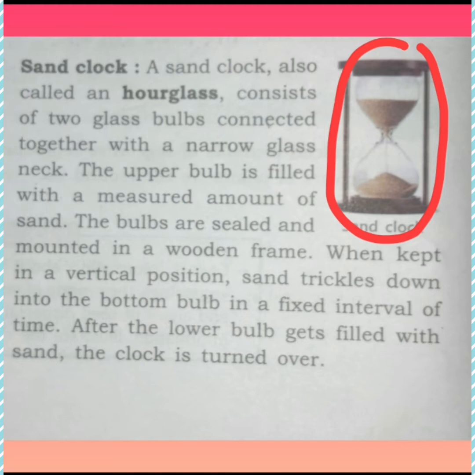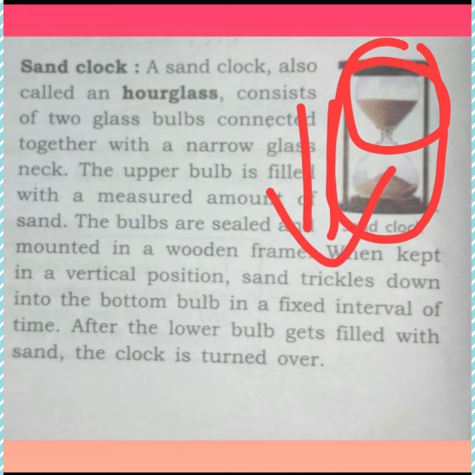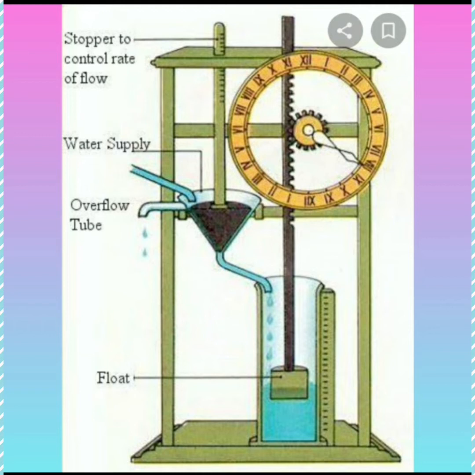One of them is filled with a measured amount of fine sand, and they are sealed and mounted in a frame. It will always take the same time to fill the empty bulb, and after the lower bulb gets filled, the clock is turned over.